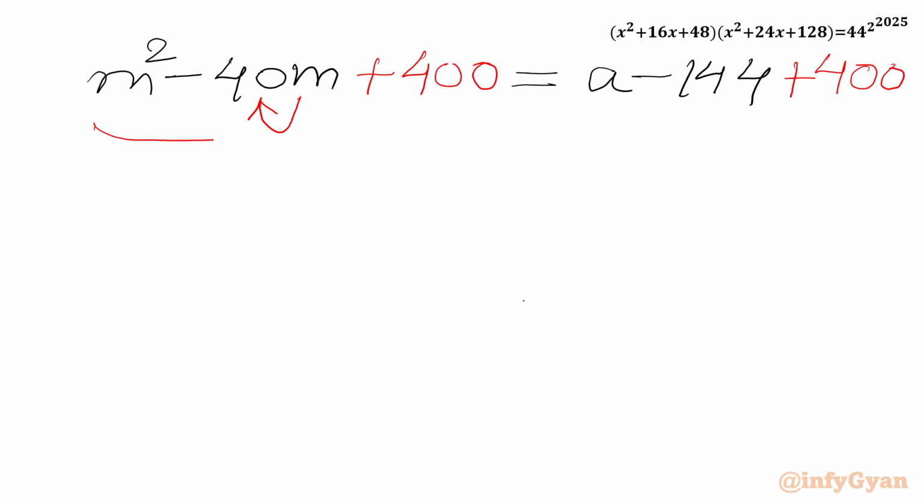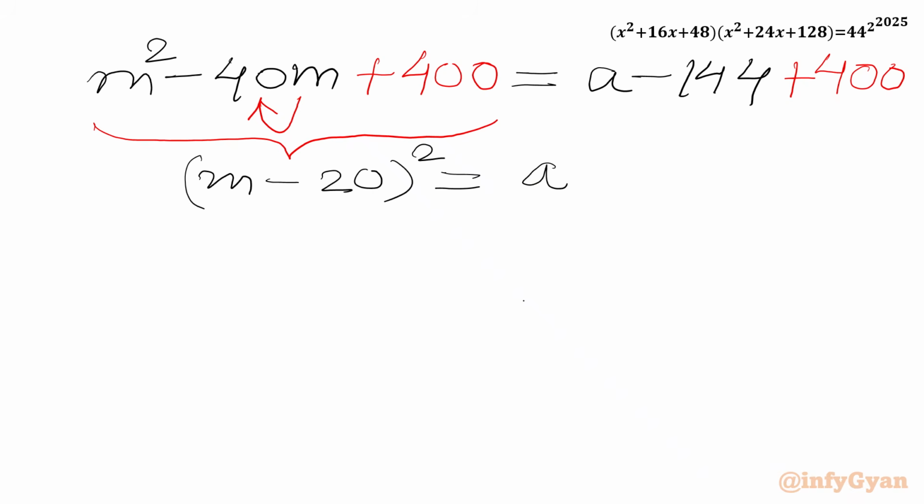Now the LHS gives us a perfect square, m minus 20 whole square, and on the right hand side there will be a plus 256.